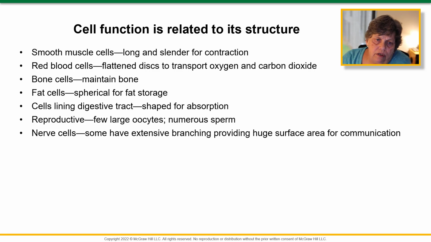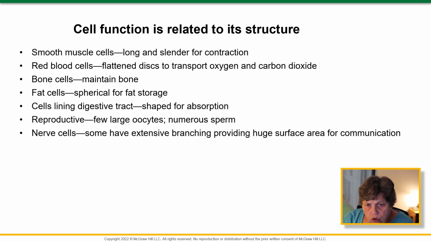The function is related to the structure, as I mentioned. So we've got, for example, these smooth muscle cells, these long, slender cells that we're going to look at for contraction because we're having to, for example, do peristalsis, move the food through the gut, that sort of thing. Your red blood cells lose their nucleus and they flatten out, so that when that cell goes into the alveoli of the lung, that oxygen and carbon dioxide can exchange very, very quickly.